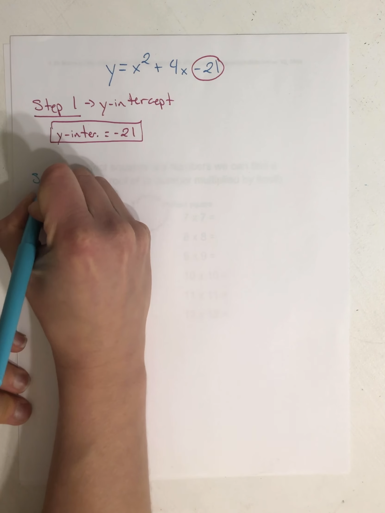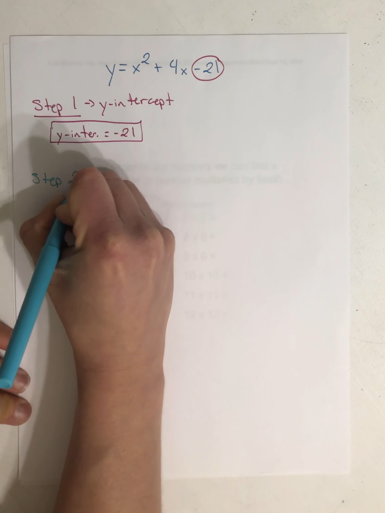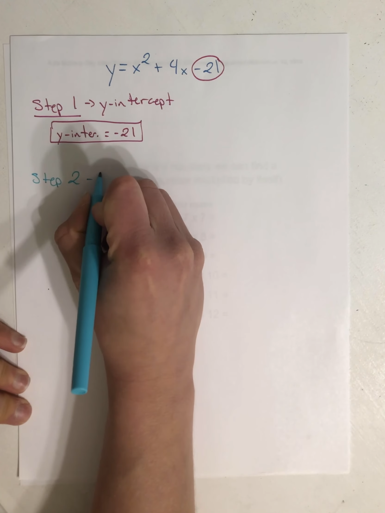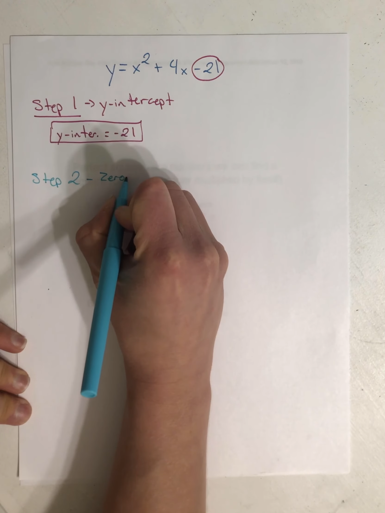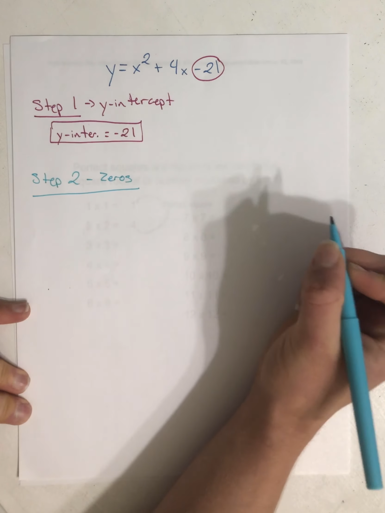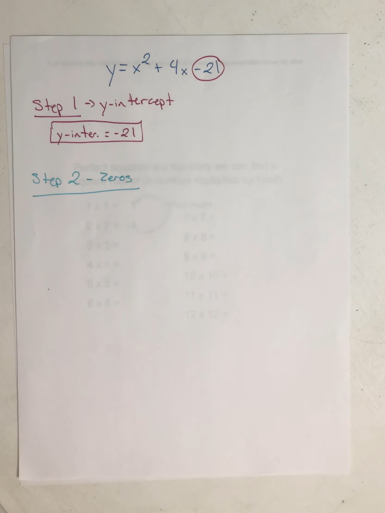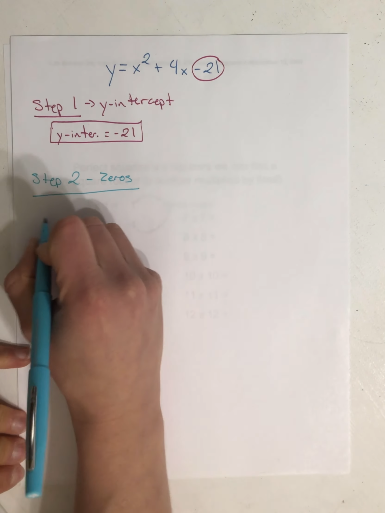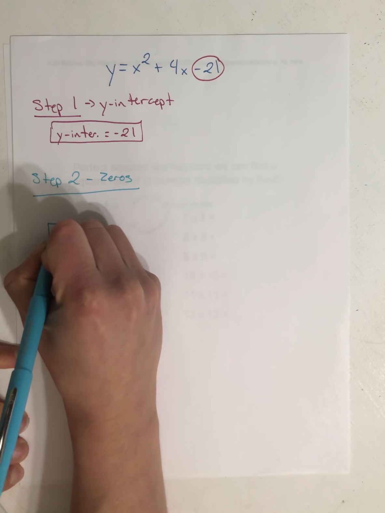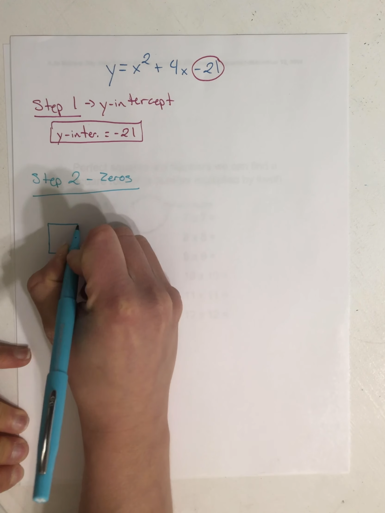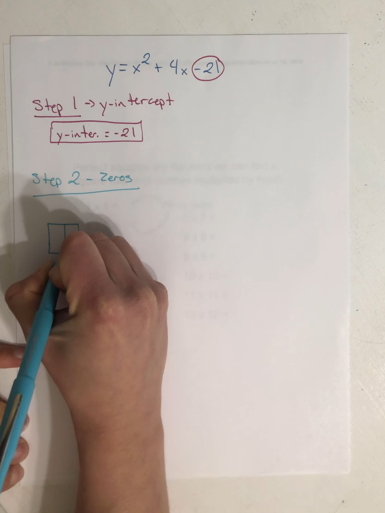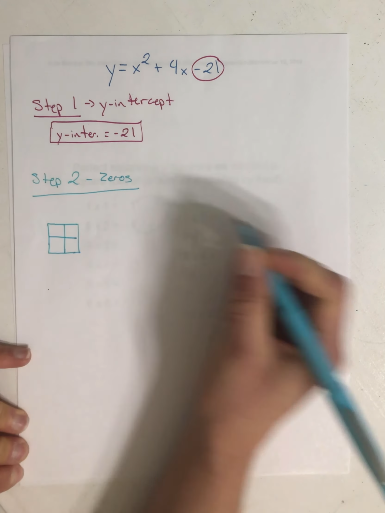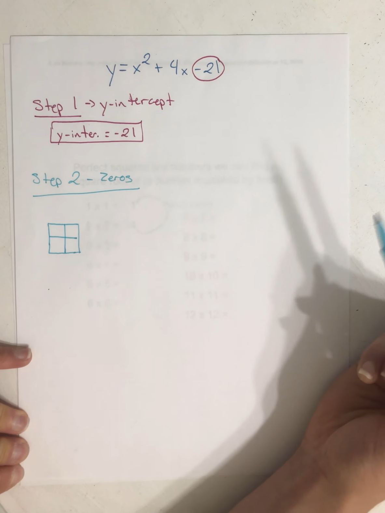So our step number 2 is to get our zeros. When we get our zeros, we need to do the window method. So we're gonna draw our lovely little window, and we're gonna plug in the information that we know.